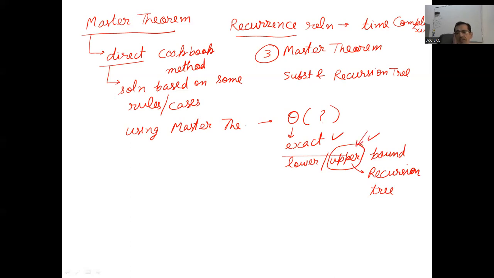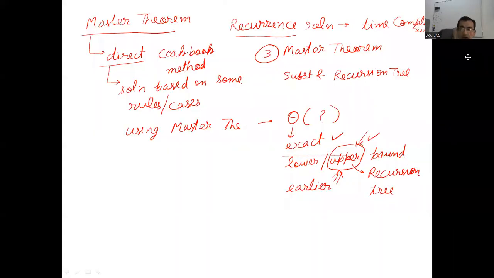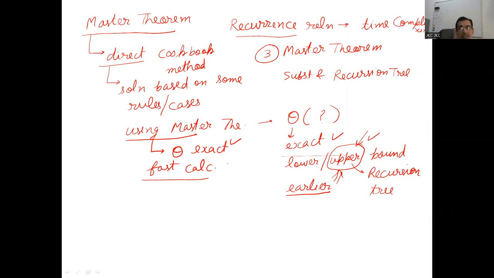So earlier we were mostly targeting the upper bound, but using the master theorem, we will be able to get the exact bound, and that is another advantage. It also gives fast, direct calculations, with no tree needed. How to do that? Let's go one by one.